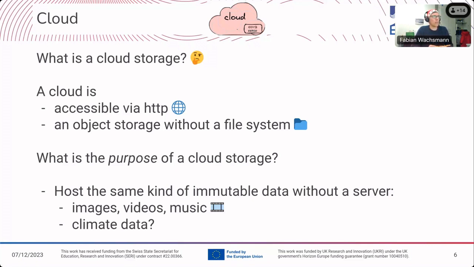This is mainly because of the missing file system. If you cannot organize your data in many directories and you only have a blob storage, then it would be really nice to have only one kind of data inside, like images or videos. And you have to use a good identifier to find this data, and the identification of the data is mainly done on the user side.